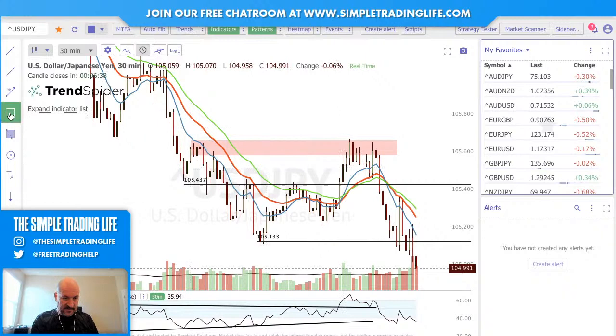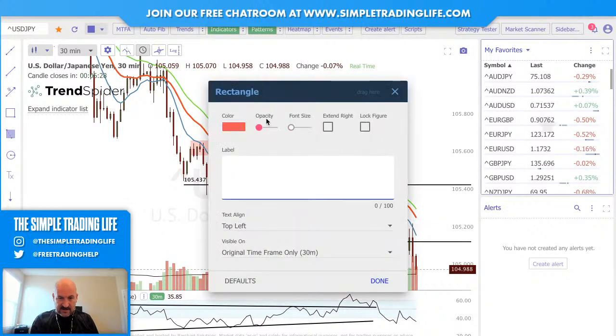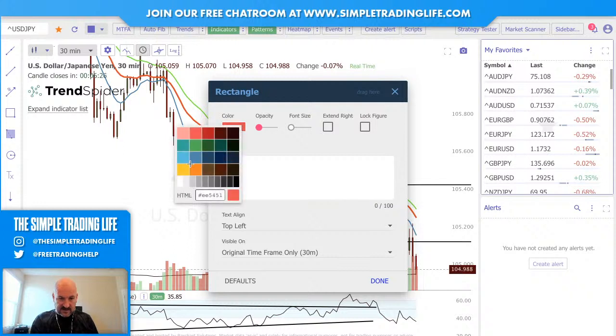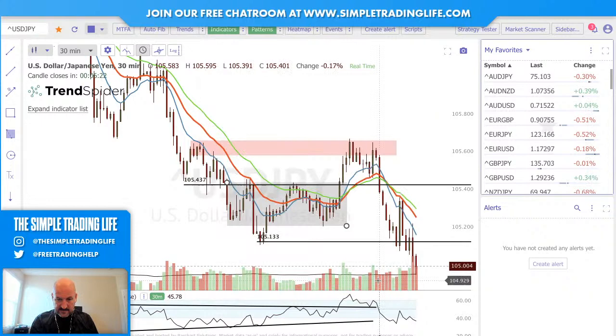Let me do this. I'm just going to draw this so you can see it. Okay, sort of right through there. I'm going to make it a different color. Okay, see this? Now it did kind of poke its head out right there. But basically all this price action was just chopping back and forth.